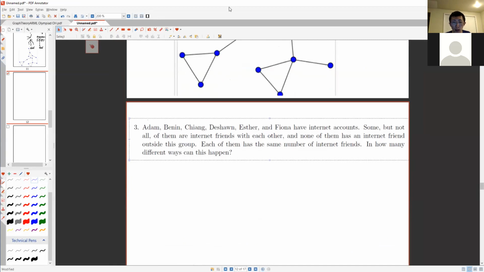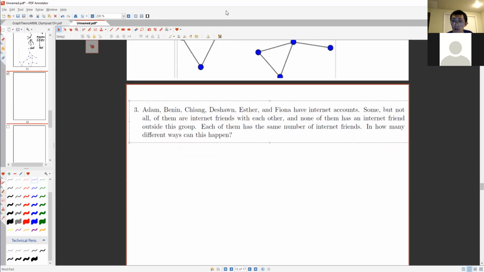There's lots of graph theory problems that are proof-based, that can be on Olympiads or just in the graph theory literature, but it's kind of hard to make a computational graph theory problem, but you can do it. Yeah, I'm sure some of you have seen this before.